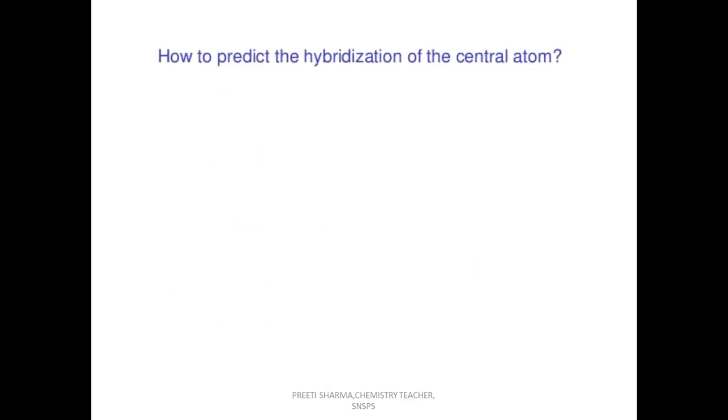Now, the last one is how to predict the hybridization of a central atom, students. Here's the formula. Suppose X is any element, and I want to find out the hybridization of X. That is equal to half of the number of valence electrons of the central atom plus monovalent atoms minus charge on cation plus charge on anion.